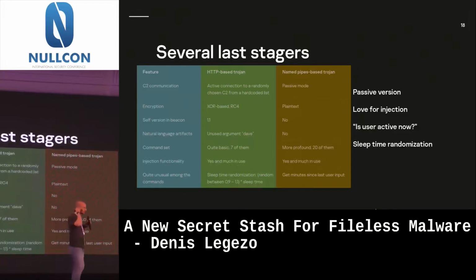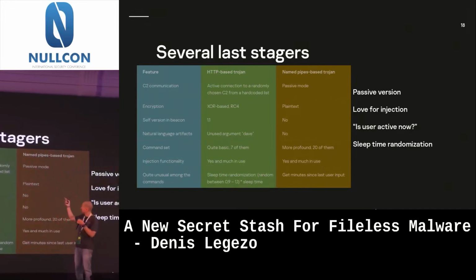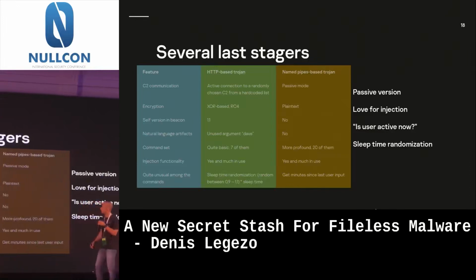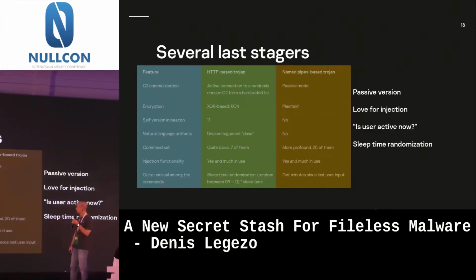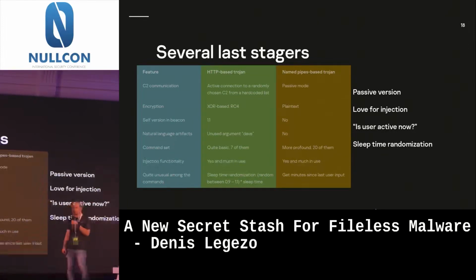In this case, in the traffic generated in the initial beacon, for one of the Trojans, the version exists. So it's also nice to have it. I won't repeat everything from the slides, just some interesting points for me. I love the randomization all the time.